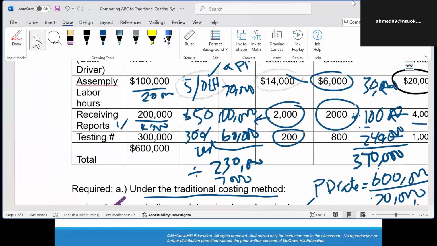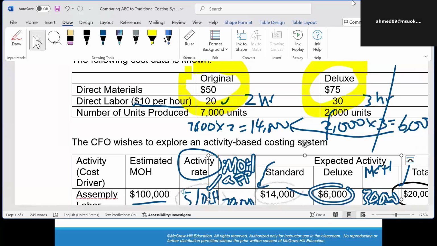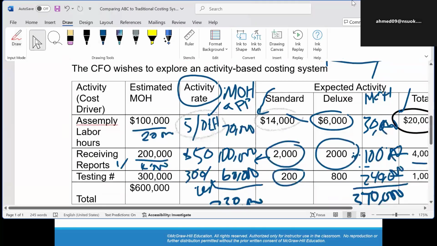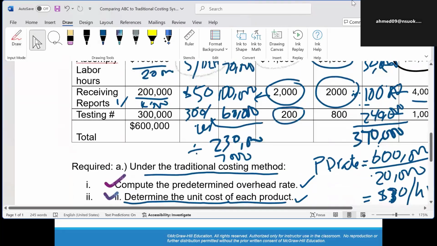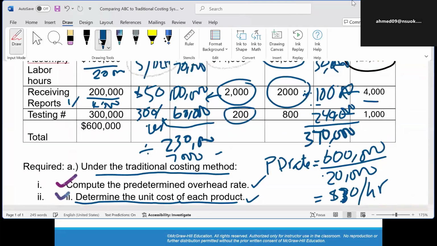It's given to us down here: 5,000 units for the original, 2,000 units for this one. So 230,000 divided by 7,000 units gives me 32.86.